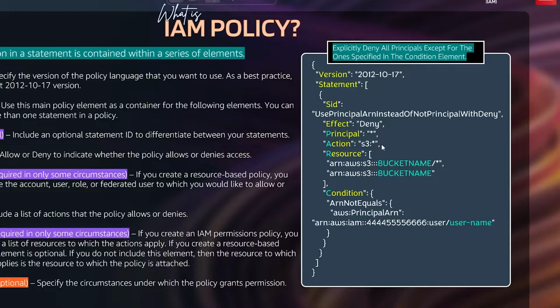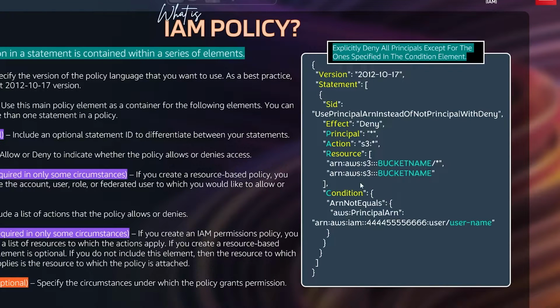So all these principals which are denied access had the action that they could perform on all the S3 bucket operations. And what is the resource on which they could perform the operations? It is basically bucket name/*, and the bucket name itself. The first one is for object level access and this one is for bucket level access. So bucket name/* and bucket name.